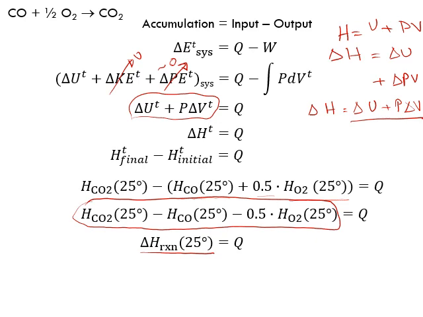It's only input minus output, and this is how I proceeded, right? And as a result, I got the delta H reaction. So the delta H reaction actually is part of final minus initial, tamam? Or input minus output if you want to look at it for an open system.